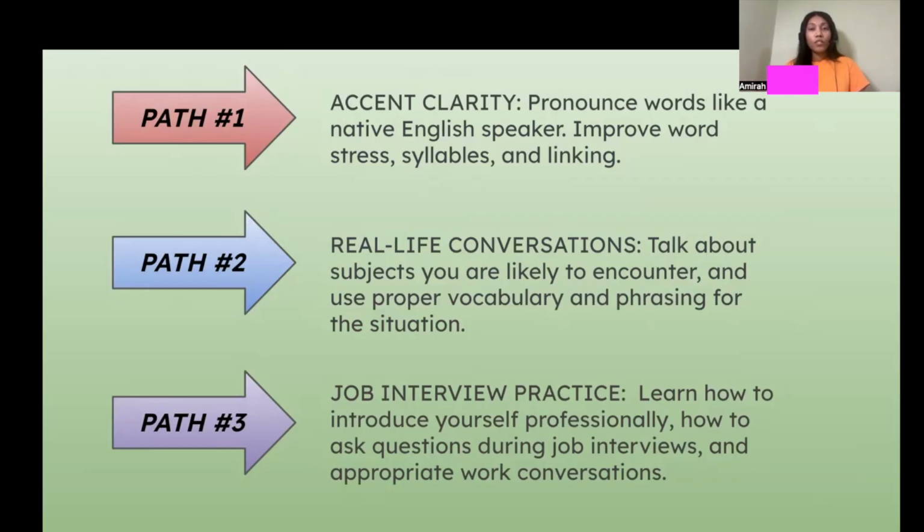You may have ones that talk about, I don't know, how to pass your English speaking test or preparing you for university or college in an English speaking country. Everybody is different. So make sure that your topics or your paths, so to say, are conducive to what you want to teach. These are just the ones that I teach. These are the options that students have. So this is where I would explain it to them.